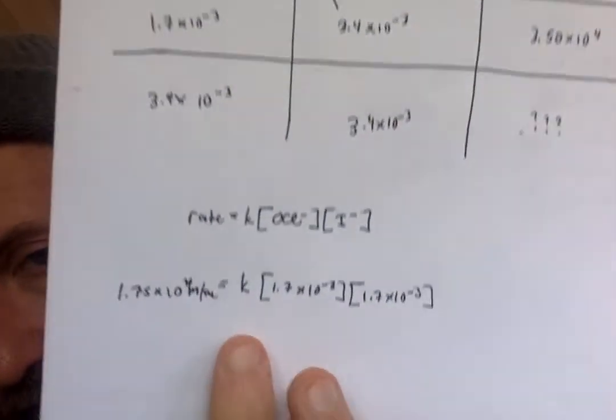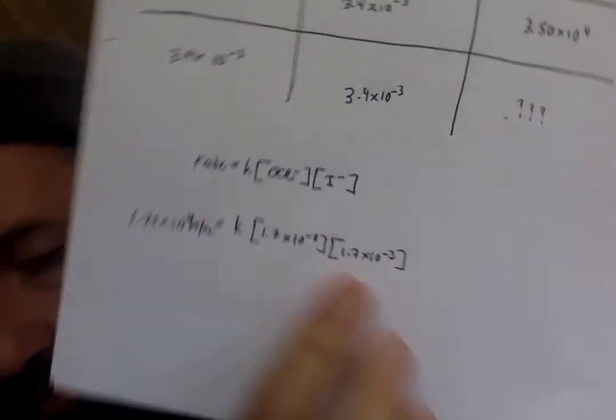So you see me do that right there. Just plug that in, and then basically divide both sides by 1.7 times 10 to the negative 3.